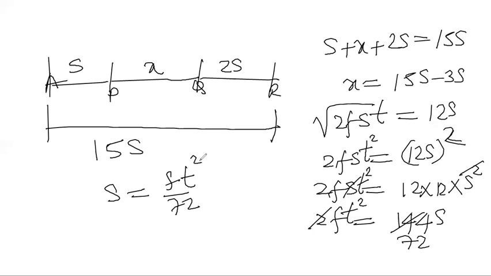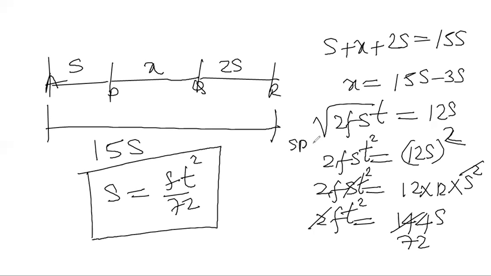That's it. This is the answer. Understood? X is root 2fs into T. Squaring on both sides, what I did here. Then this is what you will get. Is it understood?